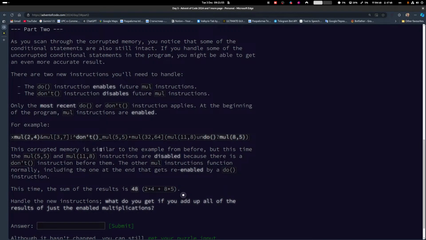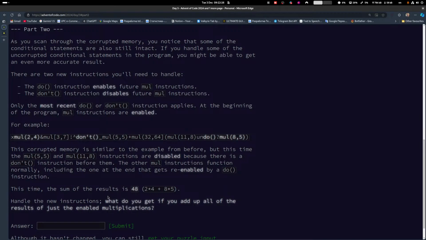This corrupted memory is similar to the example from before, but this time the mul(5,5) and mul(11,8) instructions are disabled because there is a don't instruction before them. The other mul instructions function normally, including the one at the end that gets re-enabled by a do instruction. This time, the sum of the results is 48.